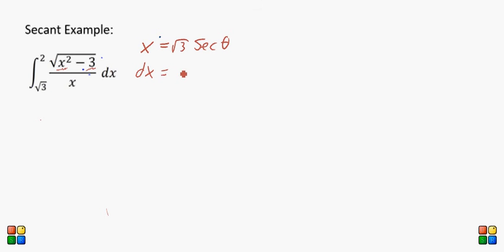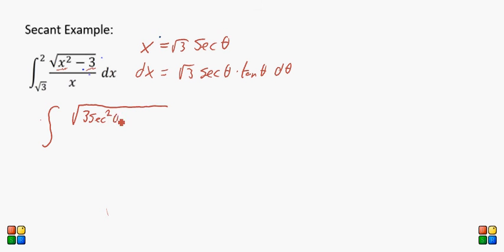dx then is the square root of 3 times the derivative of the secant, which is the secant times the tangent of theta d theta. And now, let's rewrite this integral. We have the square root of x squared, the square root of 3 squared, so this is going to be 3 secant squared theta minus 3. That's what's under the square root.